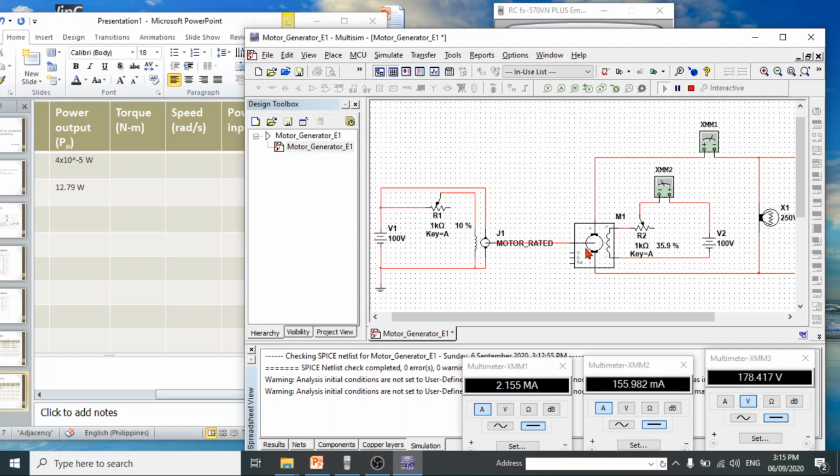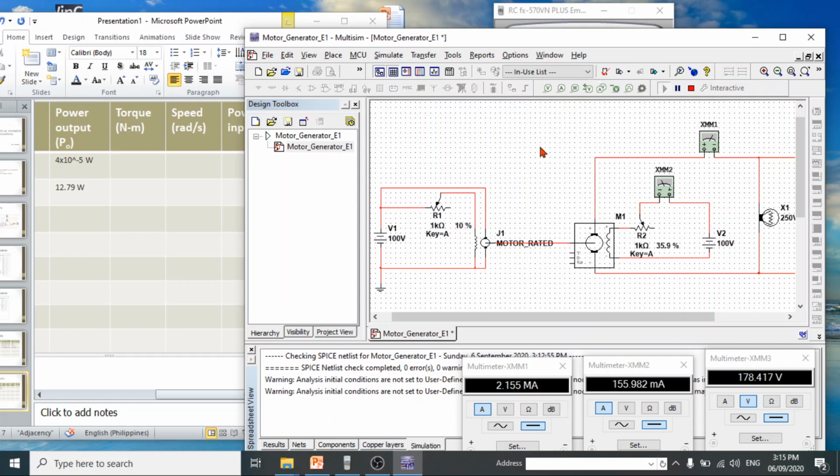So no electrical input is given to the generator. The 100 volts DC injected in the field is used to create the magnetism. So the main input of the generator is the mechanical force coming from the shaft of the prime mover.